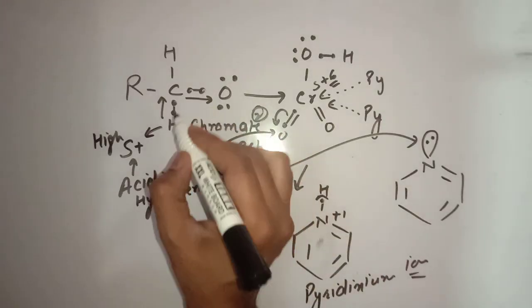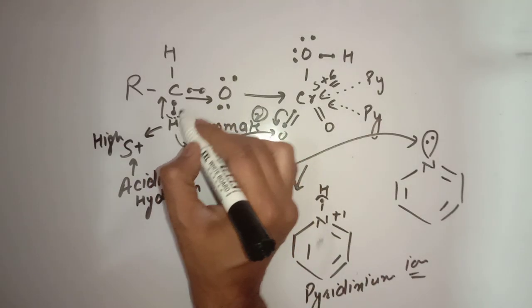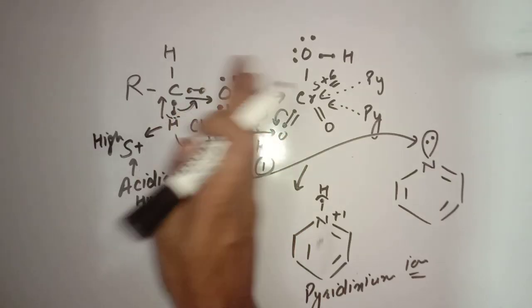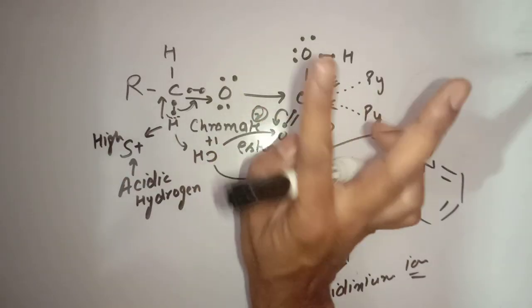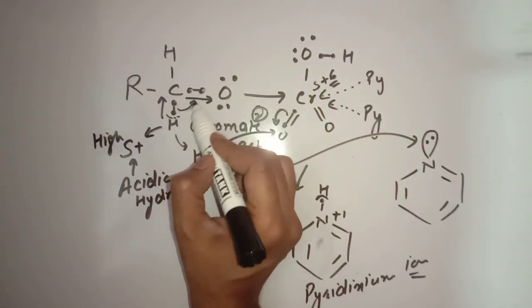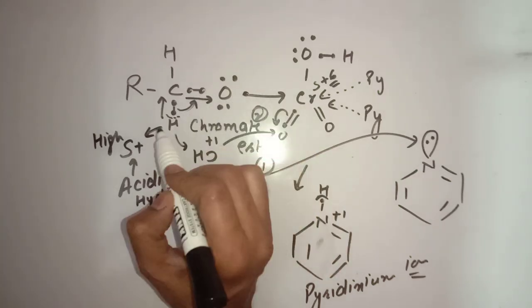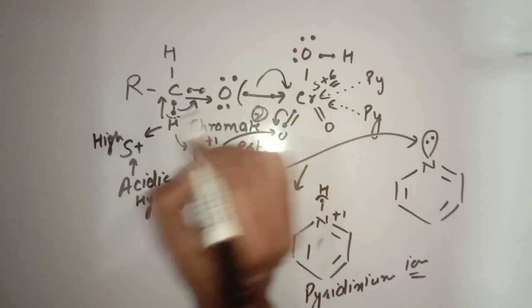Now what about the carbon? Because carbon will get electrons from hydrogen, these electrons it will transfer toward oxygen, because this whole group is an electron attracting group. Now we know oxygen is stable with two bonds, so as it is making a third bond, obviously the chromium and oxygen bond will break. How? These electrons will be pushed toward chromium.